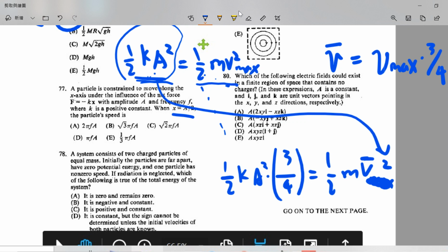So that means you should have a square root here.